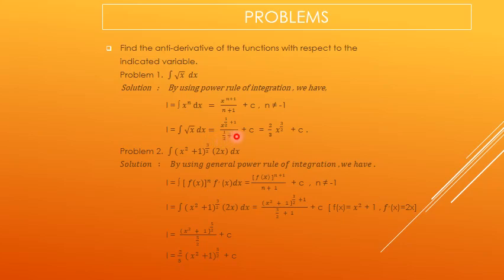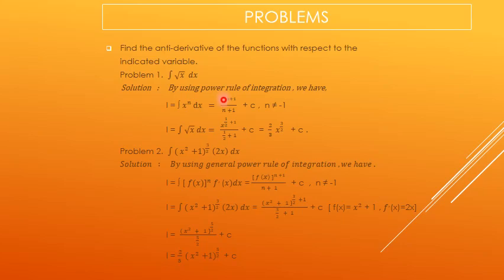So we already know about the condition when we have the function and its derivative, then we use the general power rule of integration, and that is f of x and f derivative x dx, and we solve it by this condition. So here we have integral equals to radical x square plus 1 3 upon 2 and 2x dx.